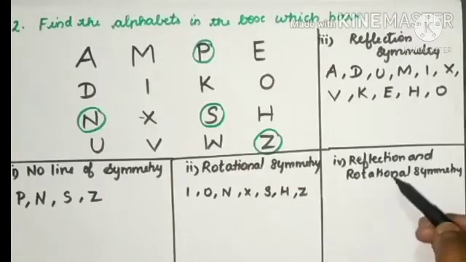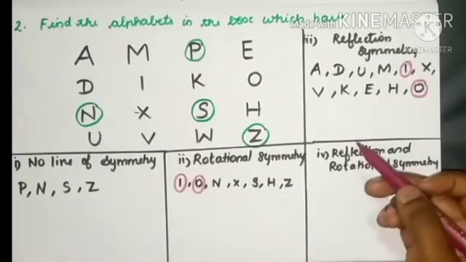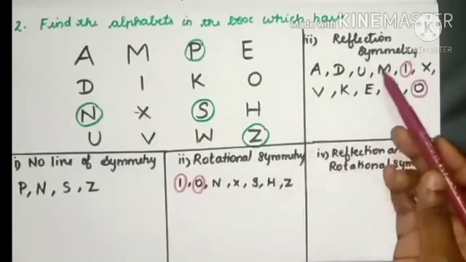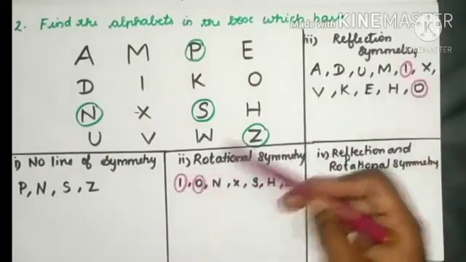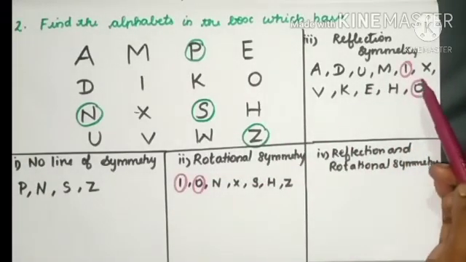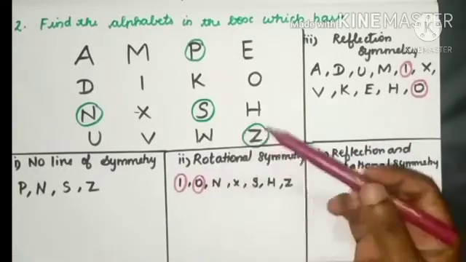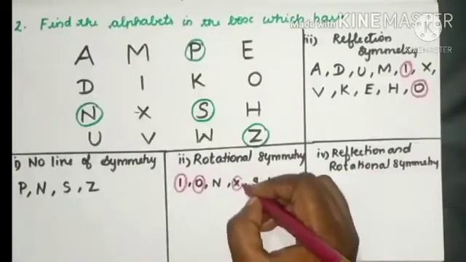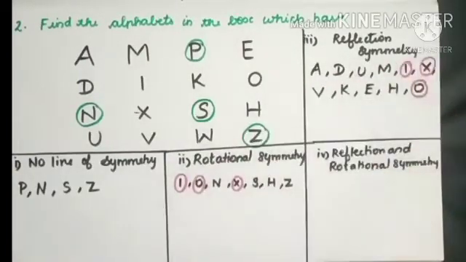At last, we have to find the reflection and rotational symmetry. Students, see here. Already we found the rotational and reflection symmetry. The letter I has both rotational and reflection symmetry. Similarly the letter O has both reflection and rotational symmetry. And the letter X has both reflection and rotational symmetry.